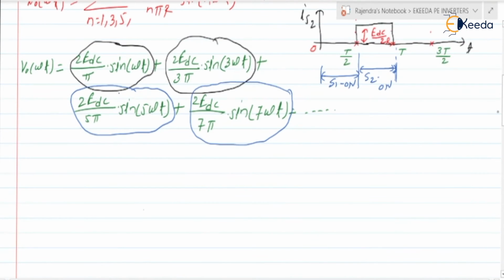So can we write it as v0 of omega t? As this is the output voltage at the fundamental frequency, we can write it as v01 of omega t. V0 of omega t is a different thing, and v01 of omega t is a different thing. V01 of omega t is the output voltage due to the fundamental frequency, 2 Edc divided by pi into sine of omega t.